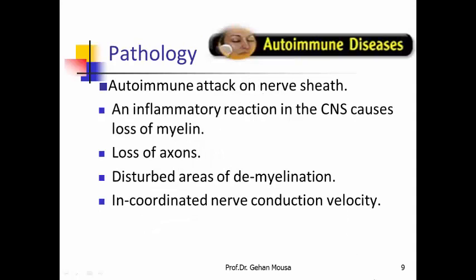Autoimmune attacks occur as a post-inflammatory reaction in the CNS, resulting in loss of the myelin sheath. Sometimes the disease is progressive, resulting in loss of the axons.